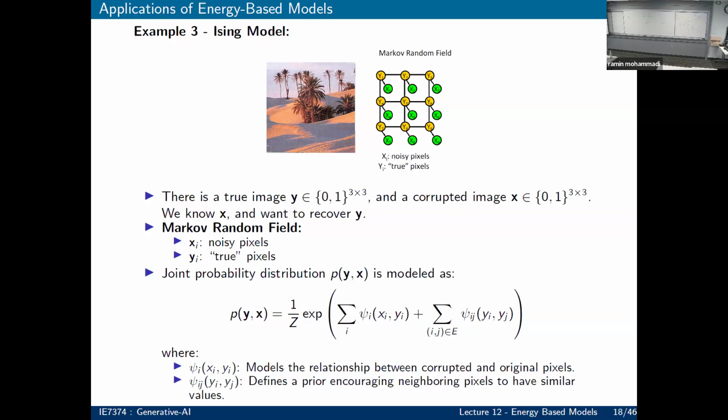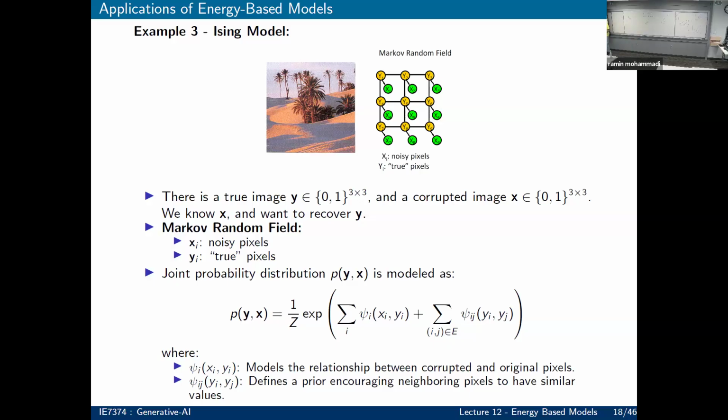Then you have the term on the right, which is across all pixels in the real image, without the noise. It looks at the relationship, so I and J belong to the neighborhood.